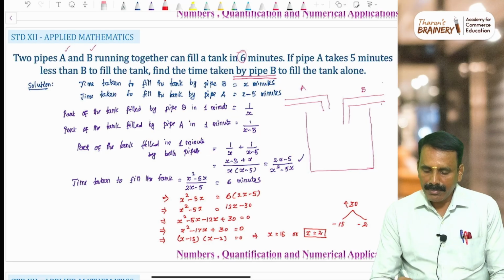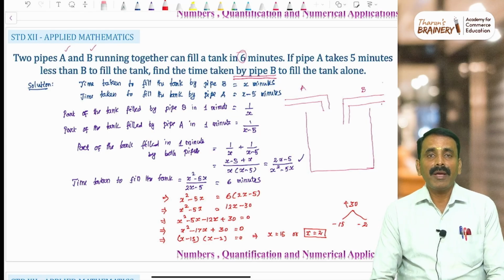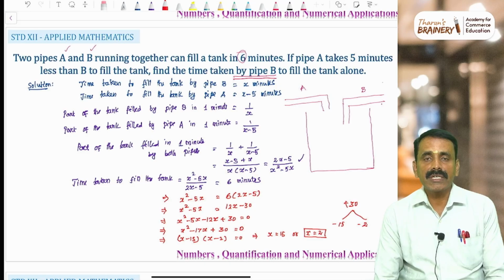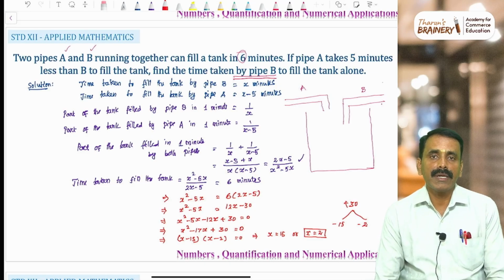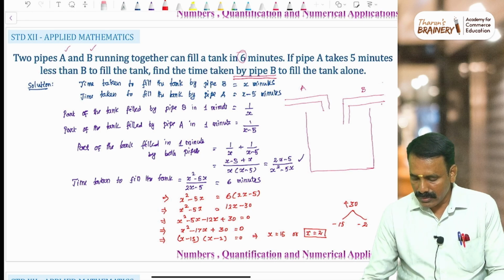Because if pipe B takes only 2 minutes to fill the tank, then pipe A will take 5 minutes less than the time taken by pipe B. So it will be 2 minus 5, minus 3 minutes for pipe A, which is not possible. So x = 2 is not permissible.